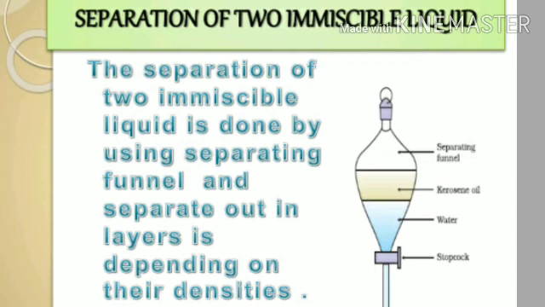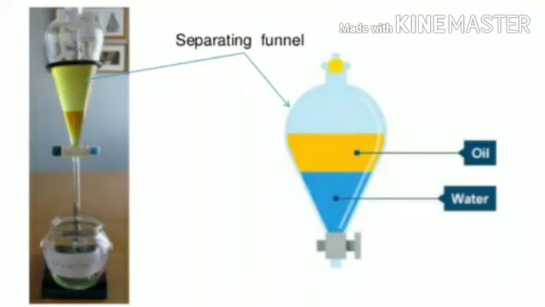If two liquids are immiscible, then we can use this method. We all know the meaning of immiscible. When two liquids do not mix with each other, they do not get dissolved in each other, then they are called immiscible liquids. And to separate them, we use a separating funnel.